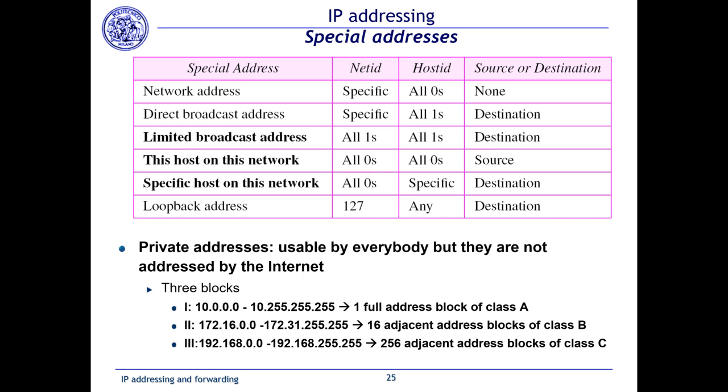And you always have to add 2 to this number, because in the block you have to assign addresses to all the interfaces, but you also have to count one address dedicated to the direct broadcast and one that is the network address.